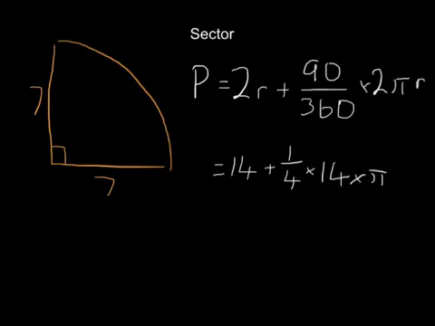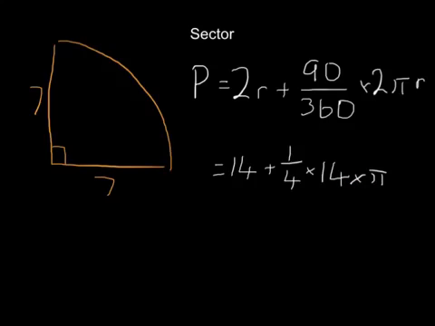When I substitute 7 in place of r, this is what I get. I get 2 times 7, which is 14. 90 over 360 simplifies to a quarter, because this is how much of a circle I have. I have a quarter. And 2 times r, well that's 14 again, and I have pi.